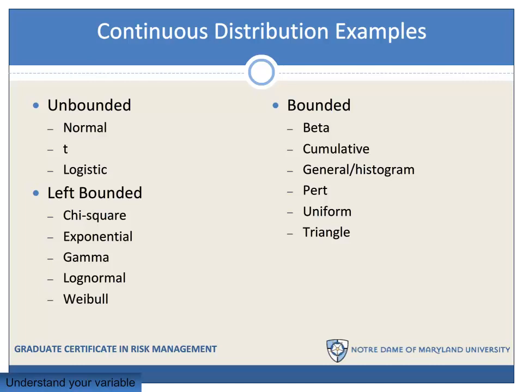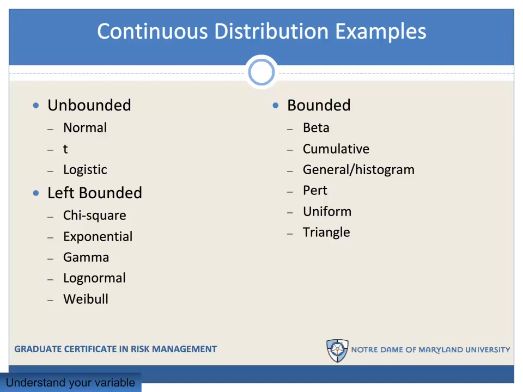If you have a bounded continuous variable, you see there a number of candidates, the beta all the way through the triangle distribution. And if you have a continuous variable that has a left bound, usually 0, but no right bound, then there is a different subset of distributions that you may be working with.